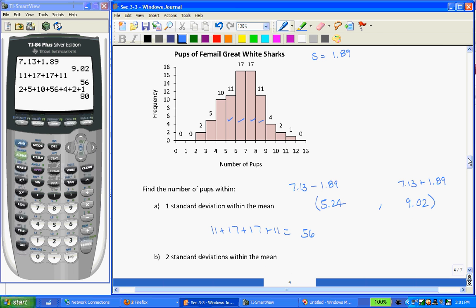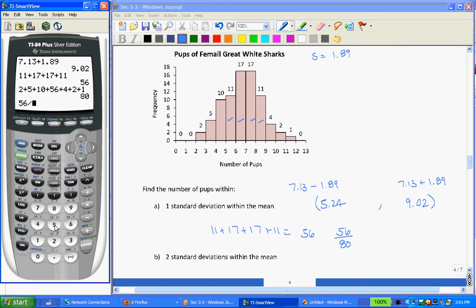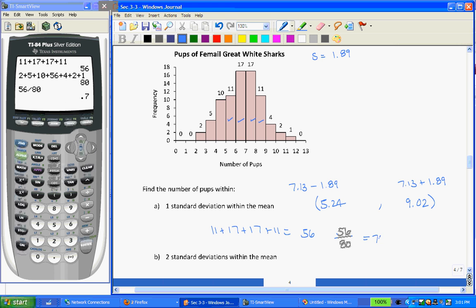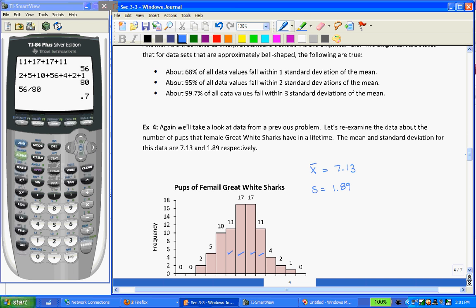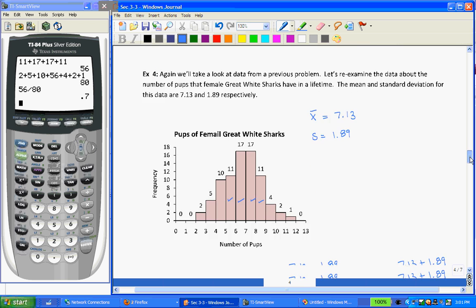So let's see what proportion or percentage of our data that represents. So 56 divided by 80 is 70%. And what did our empirical rule say? 68%. So about right. Remember, it's kind of approximate, but that kind of works.